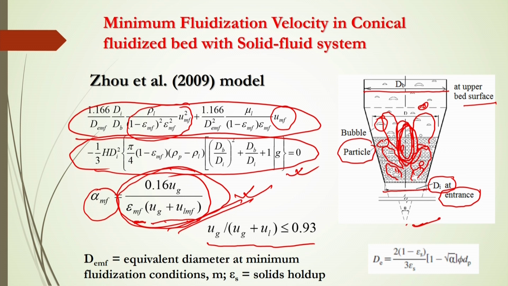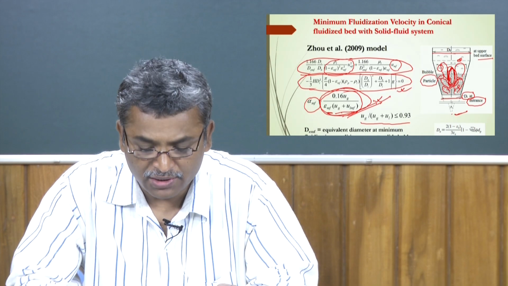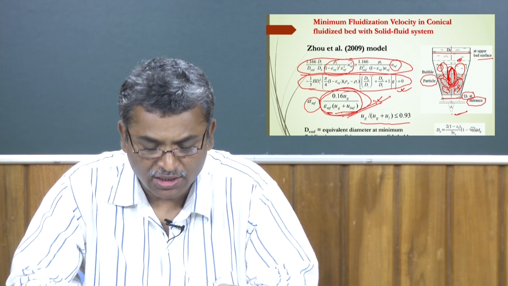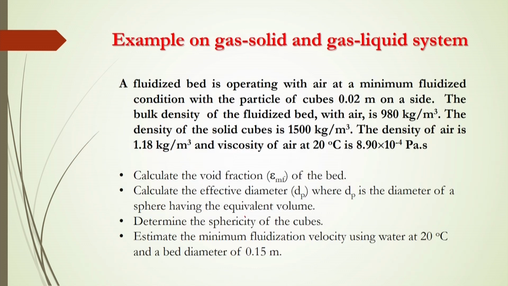In this conical fluidized bed system, of course, you have to calculate the diameter of the bed as an equivalent diameter at the minimum fluidization condition, and then the minimum equivalent diameter can be calculated from the volume fraction of the solid inside the bed.